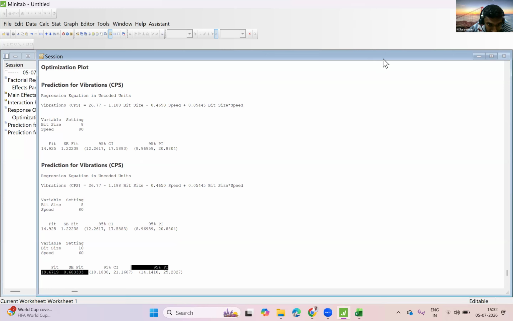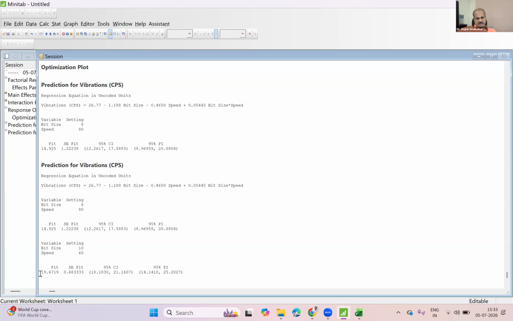So what is this CI and PI? CI refers to confidence interval. PI refers to prediction interval. Which again means this 19.6719 is the experimental average of the vibration.